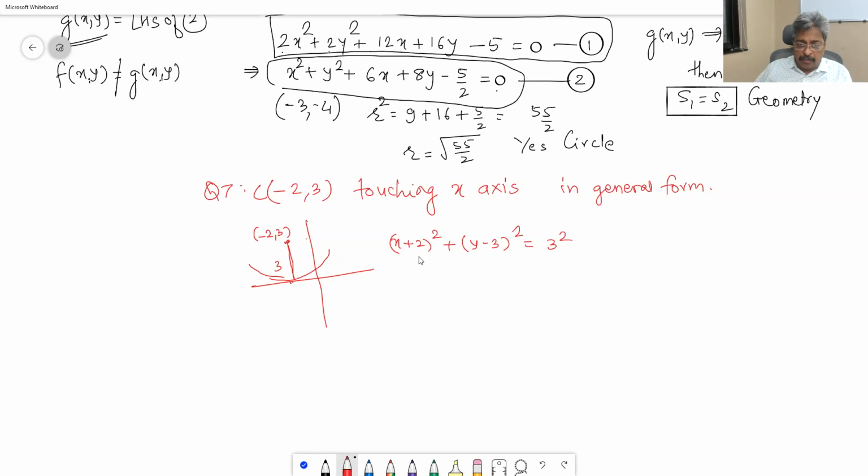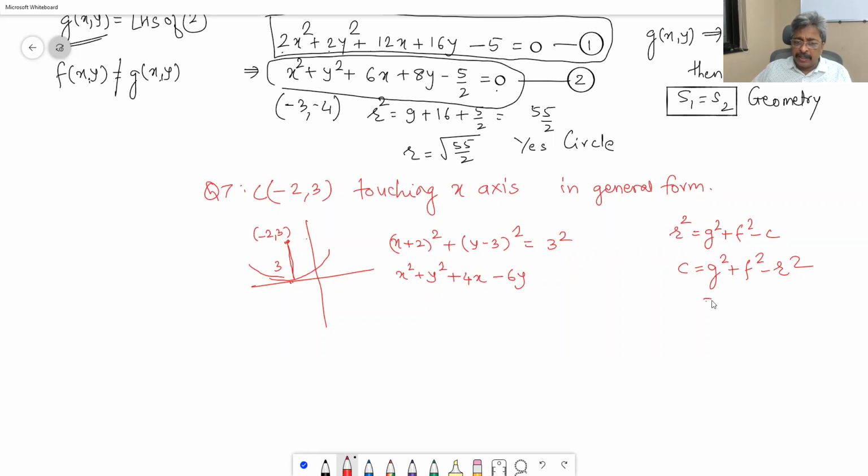We want it in general form. Therefore x square plus y square plus 4x minus 6y. Now many times, what is our formula? R square is equal to g square plus f square minus c. Therefore c is equal to g square plus f square minus r square.